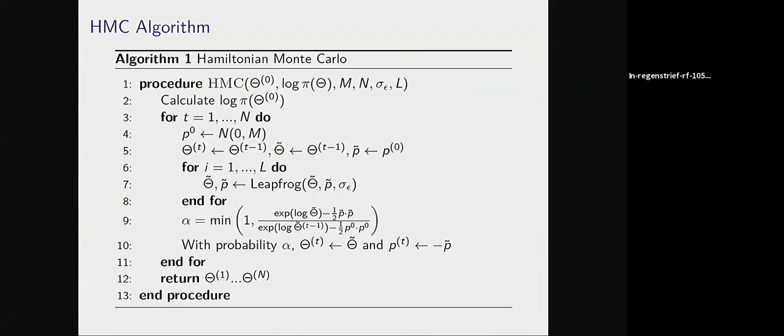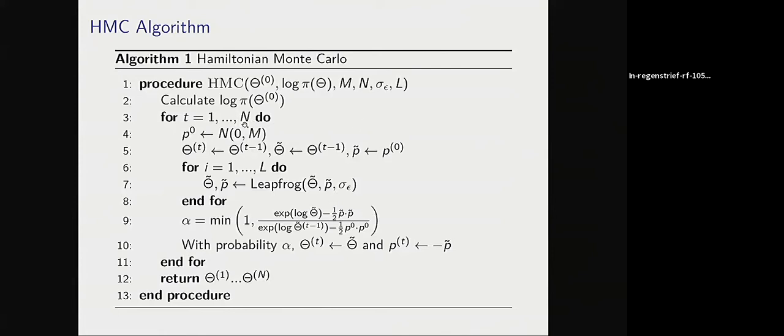Now, this is the procedure of the full HMC algorithm itself, and there's quite a lot here, so I won't have time to go through all the details, but a few key points. If you're familiar with the Metropolis-Hastings algorithm, you might notice that this looks very similar to Metropolis-Hastings.